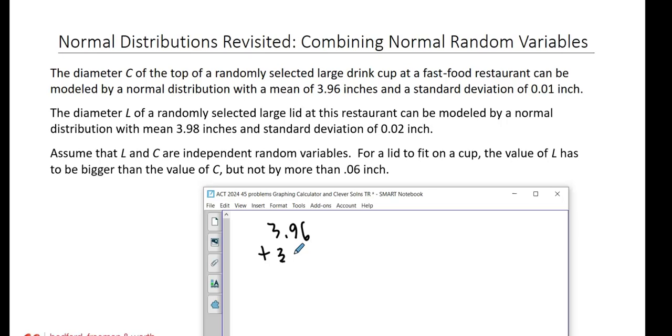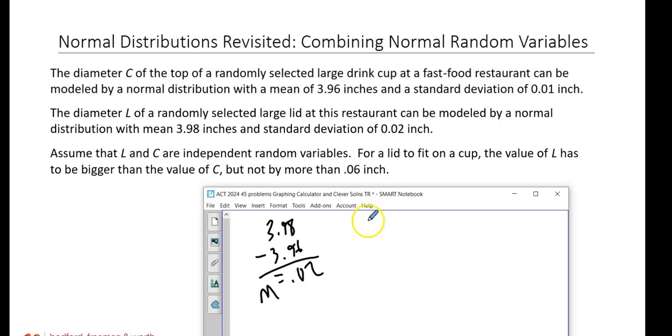Do we want to find the sum or the difference here? L has to be bigger, so why don't we do L minus C? So the lid is 3.98 minus that 3.96 is 0.02. That's the mean.